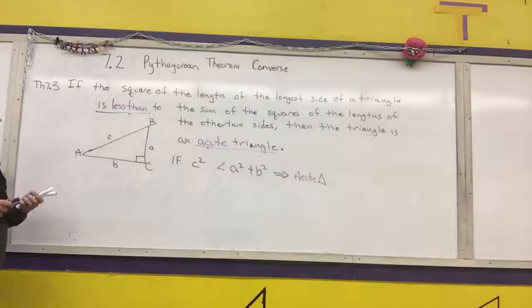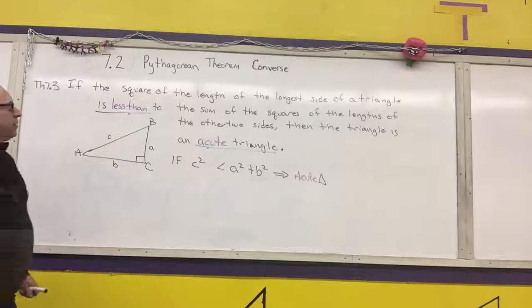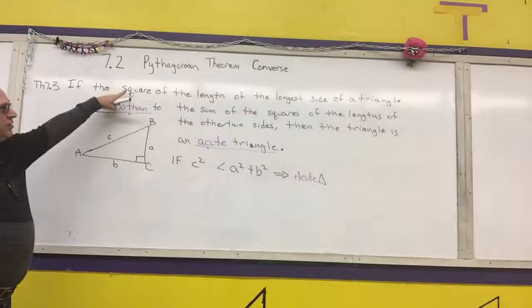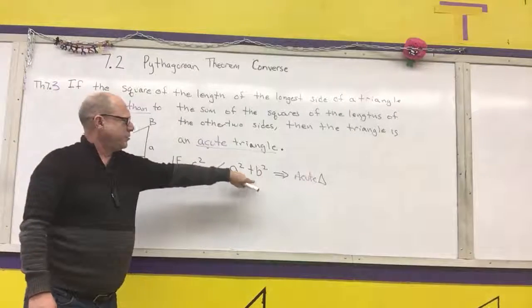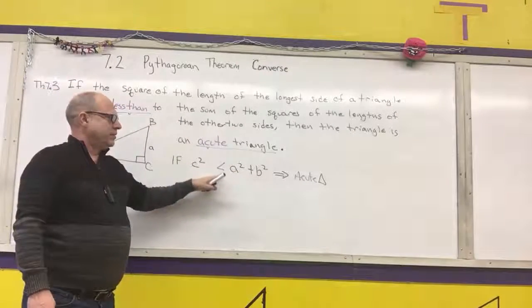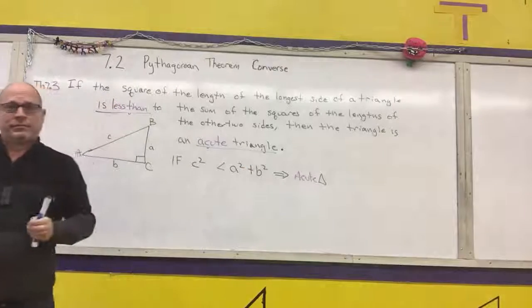Okay, that means all the angles are less than 90 degrees. So if the square of the hypotenuse is less than the sum of the squares of the lengths of the legs, the other two sides, then it is an acute triangle.